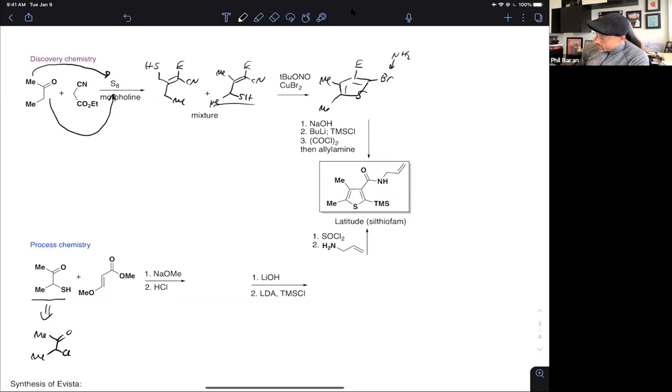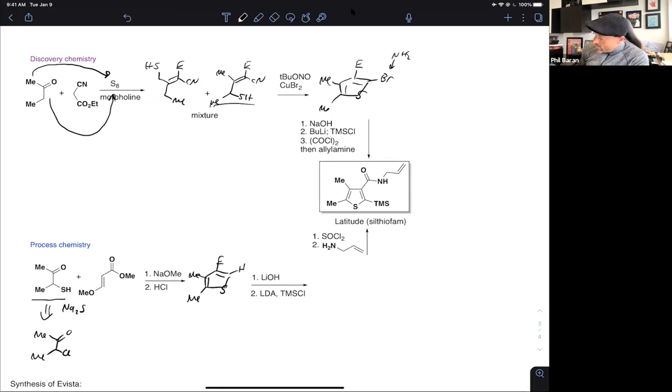So by making this through a simple SN2 reaction, they get regiochemically controlled formation of the alpha thiol ketone, which can then be added in a Michael fashion. It will go in not once, but twice, and that will give you, after elimination, just like we saw in Alex's mechanism earlier, this compound with an H here.